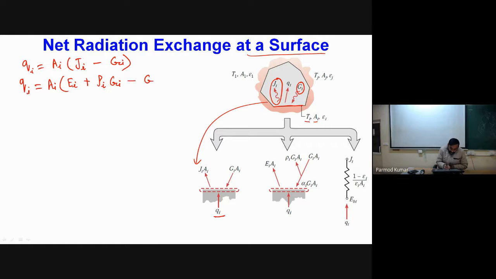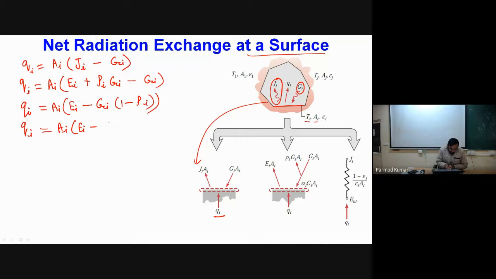Okay, minus Gi. So if I do so, you will find that this second equation can also be written as Qi equal to Ai into Ei, and if I take minus Gi common over here, I will find 1 minus rho i. Okay, and if I have an opaque surface, for that I can simply say that 1 minus rho i is nothing but equal to alpha i.